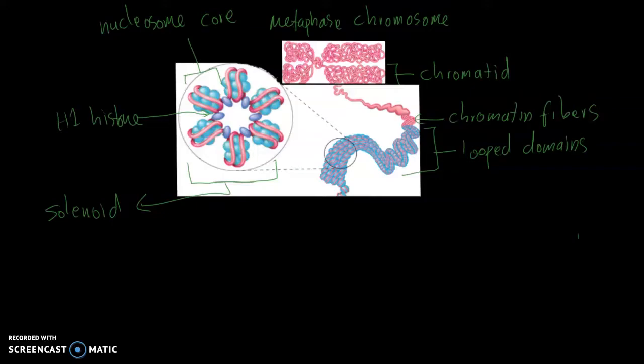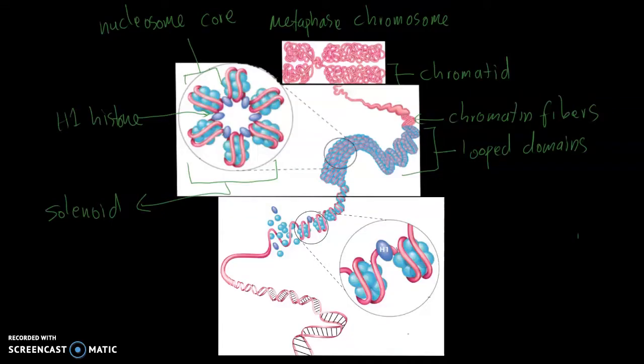Let's move even further down. Here we have more of the histone proteins. If we look closely into the core of the nucleosome, we're going to find this complex that consists of 8 proteins, and they're being wrapped around by the strand of DNA.